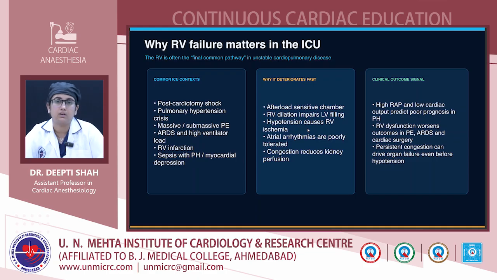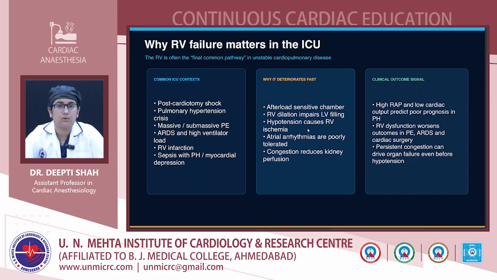This hypotension will further result in decrease in the coronary perfusion of the RV, further aggravating its dysfunction. Various kinds of atrial arrhythmias will then be poorly tolerated by such an RV, and such dysfunction will result in poor decongestion by the RV, resulting in reduced kidney perfusion.